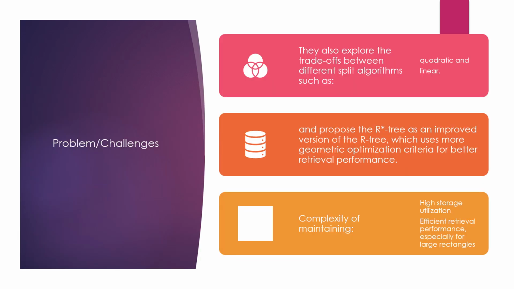And here the problems and challenges. They also explore the trade-offs between different split algorithms, and they propose the R*-tree as an improved version of the R-tree, which uses more geometrical optimization for better performance.